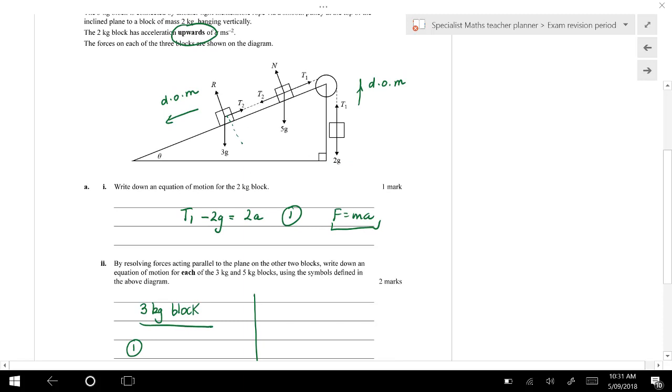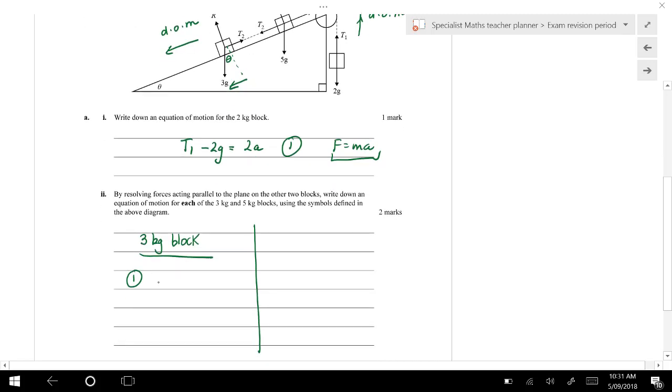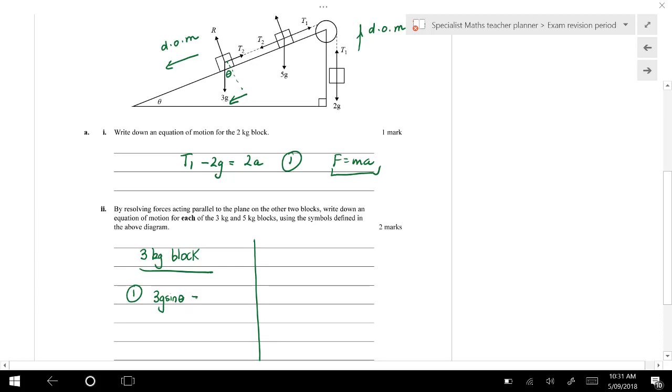We have a weight force which is going in the same direction as the direction of motion. So therefore, 3g sine theta must be in the same direction. Trust me, if you don't do the direction of motion like I told you, you won't do that. Minus T2, there's no friction, is equal to 3a, mass, which is 3 times the acceleration.